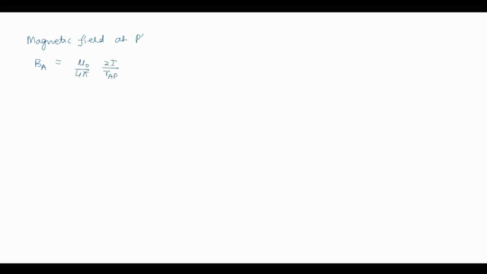Putting in the values, mu naught upon 4 pi twice 9.6, and the distance is 2 plus 10 by 11. So this is the value of the magnetic field here due to A.